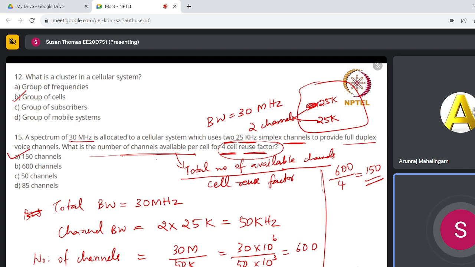So the cell reuse factor means the same set of channels will be reused 4 times.